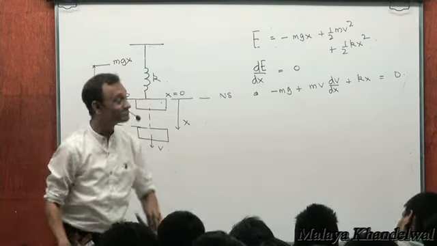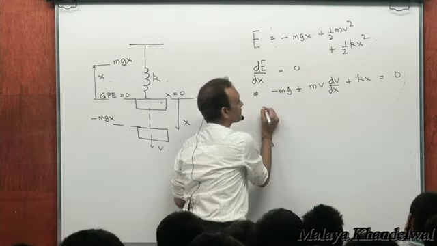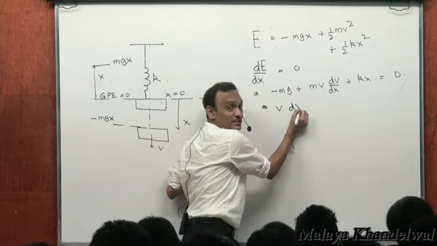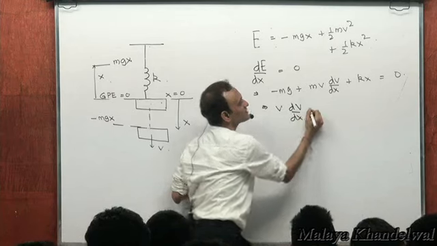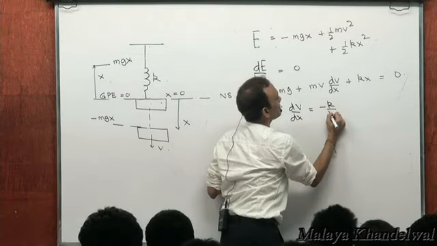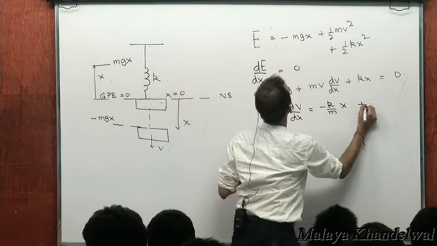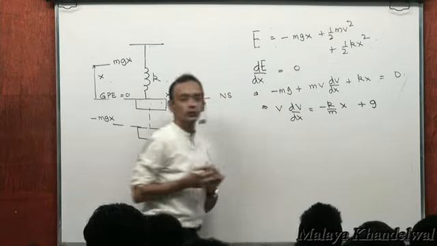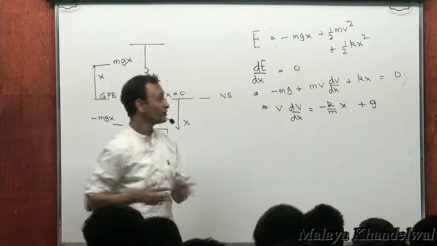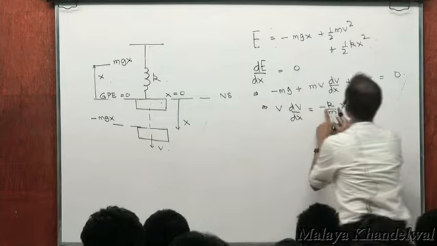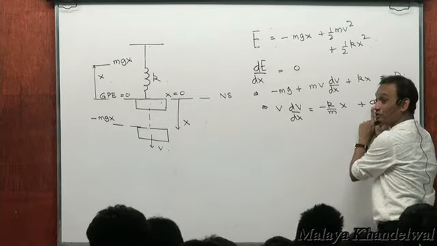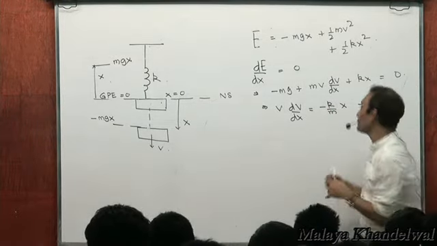Is that okay? So this gives me v dv/dx, the acceleration, as minus k by m into x plus g. Yes or no? Therefore, acceleration is minus omega squared x plus a constant. Motion must be simple harmonic.